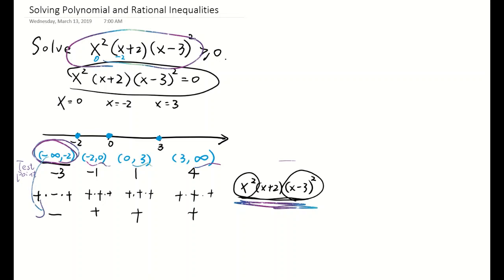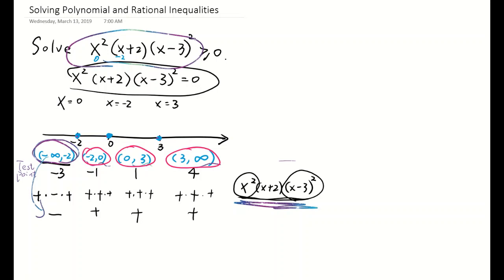So our solutions should include these 3 intervals and those 3 points we decided. Okay, and so looking at the number line, our solution should be from negative 2 all the way to infinity, with negative 2 included, right?